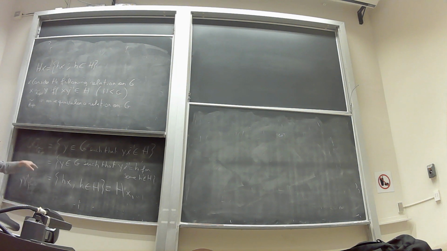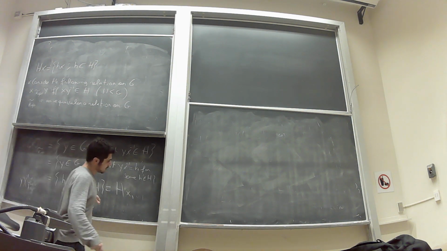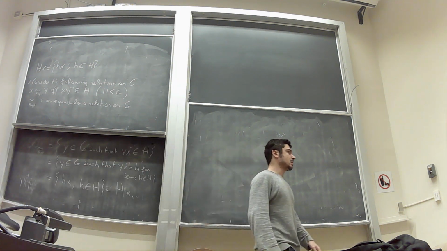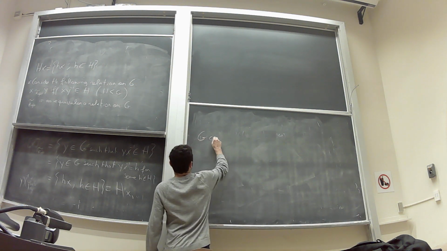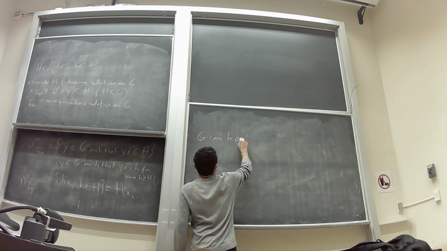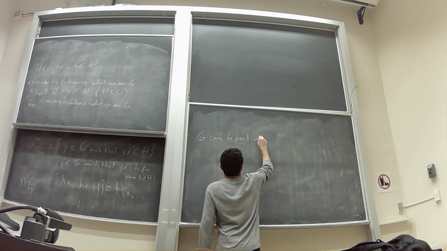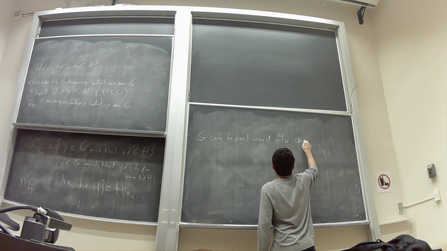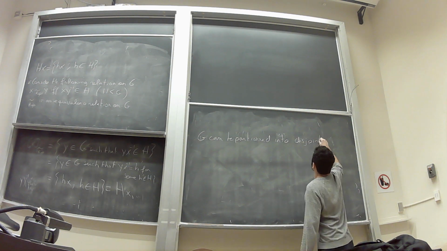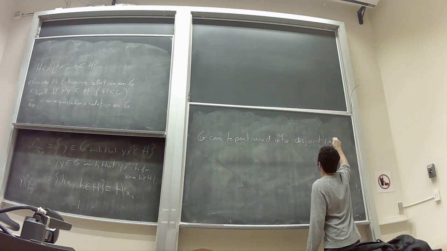The equivalence classes are the right cosets. And then G can be partitioned into disjoint, of course, right cosets.